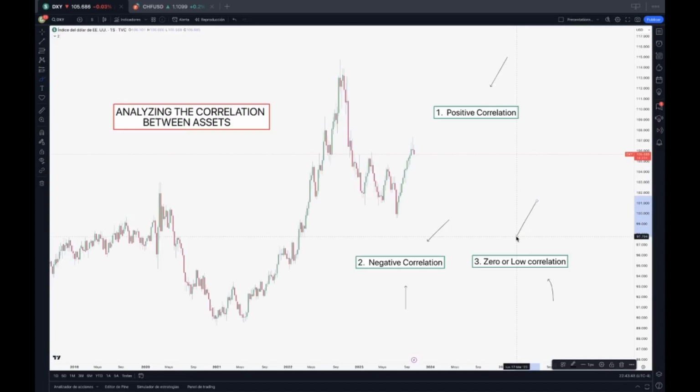In doing so, the goal is to minimize exposure to adverse events that may affect a single asset or asset class. So we are trying to put a shield under our trades or above our trades. If something comes with the calendar or something happens around the world that affects one asset, if they are negatively correlated, it is very possible that the other asset won't be that affected.